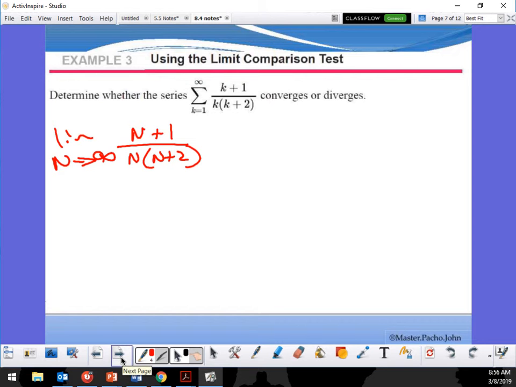All right, now let's work through it. We have 1 over n, so it's going to be the limit of 1 over n times the limit of the rest.